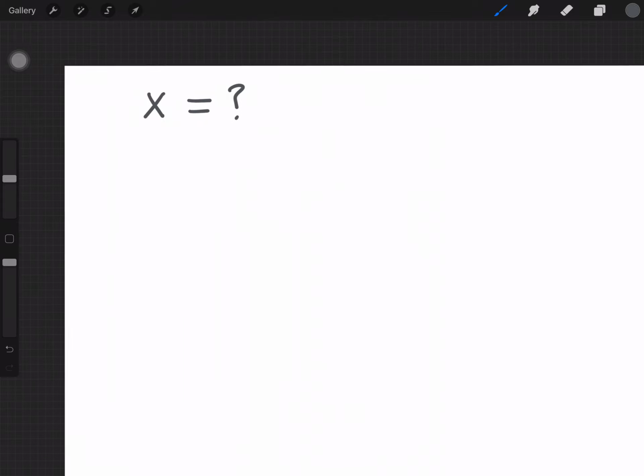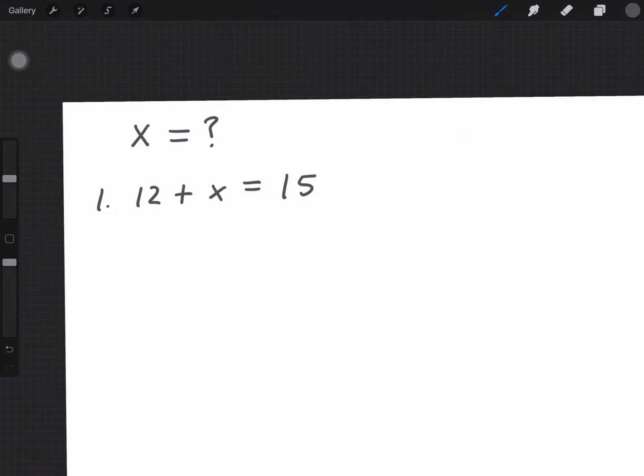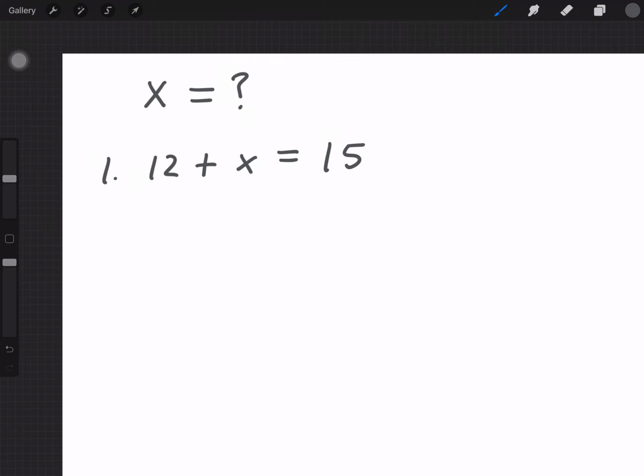So, number 1 says 12 plus x is equal to 15. Now, how we solve things like this is that we find the x, and we want to make sure that it's isolated. So you're going to hear this word a lot. Isolate.